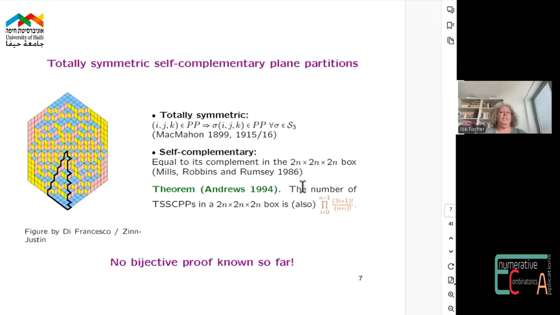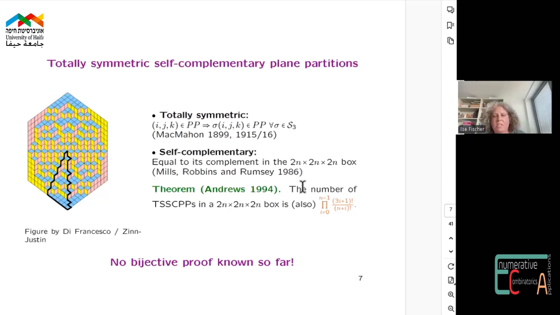I didn't mean to say that he proved the formula, it's just the definition. No, the symmetric classes came from Macdonald. He only proved it for plane partitions without any symmetry. Okay, sorry. Absolutely true.